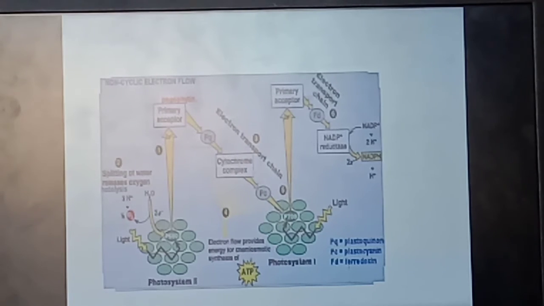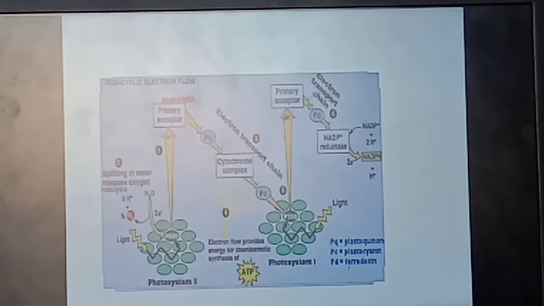Second function, photolysis of water. The decomposition of water into hydrogen and oxygen by light energy absorbed by the chlorophyll is called photolysis of water. That means water plus energy forms hydrogen plus oxygen. Oxygen is released into the atmosphere as a byproduct of photosynthesis.